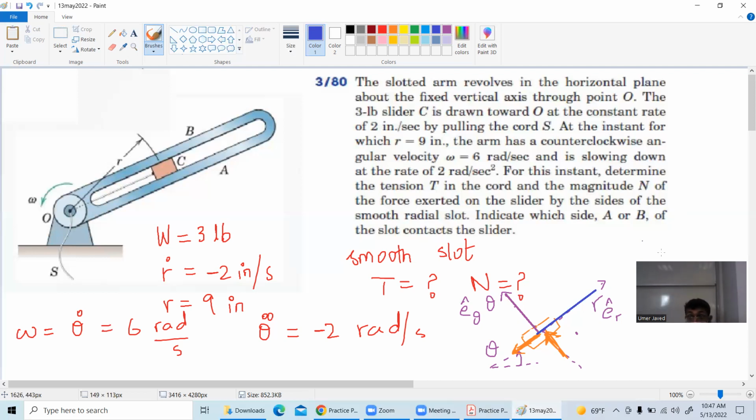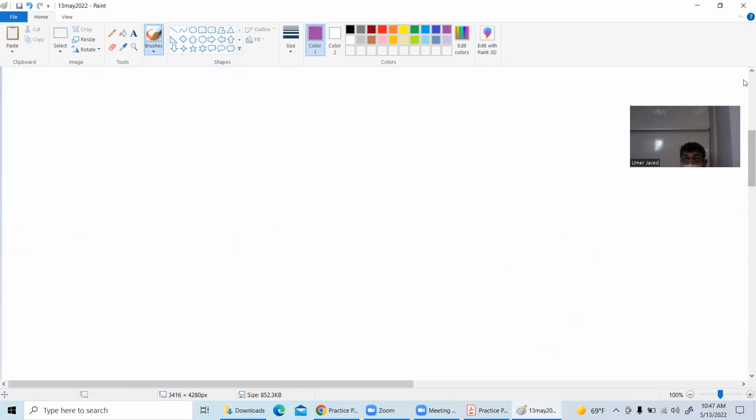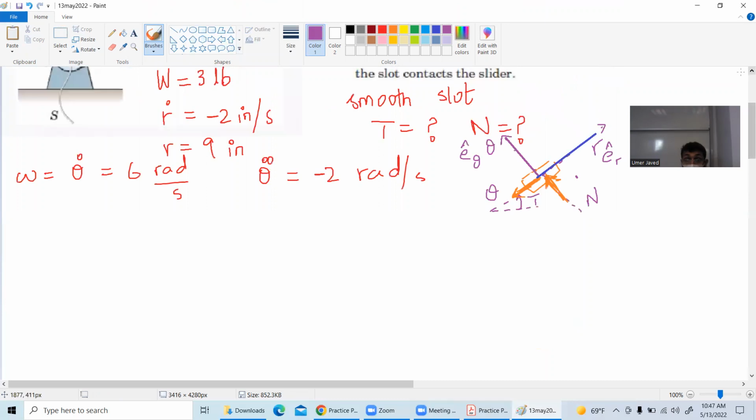Okay, everyone, solve it for me, please. We will have normal. We have tension. Let's finish the problem. What are the equations? Anyone? Tell me the equation. Summation of forces in the radial direction is equal to m a_r.